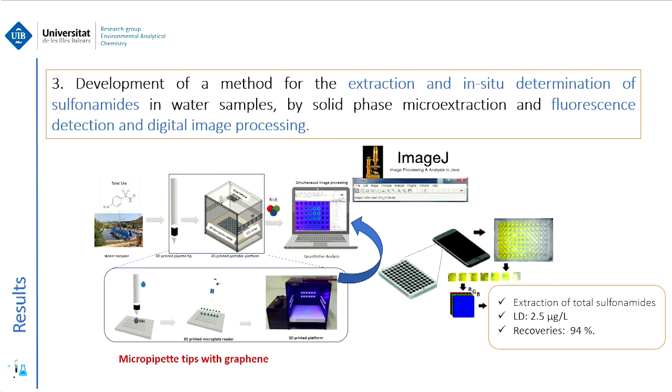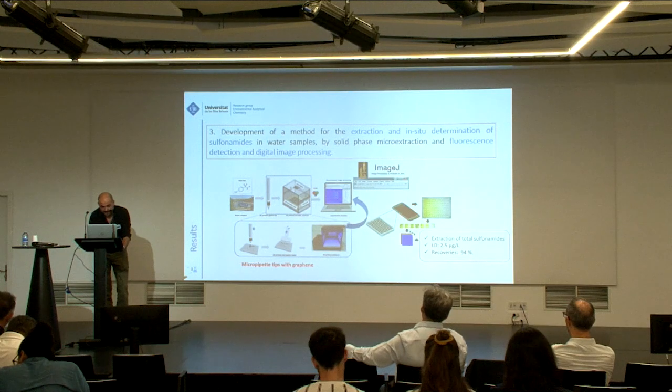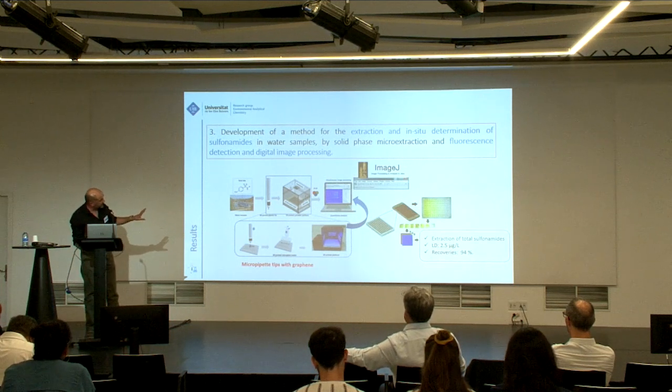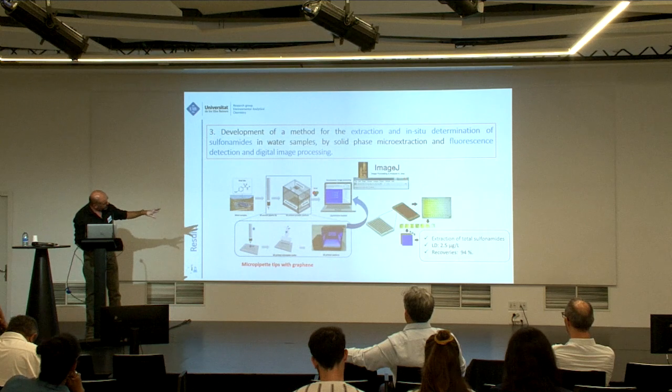Then I would like to show you two more applications for portable instruments made with a 3D printer, like this kind of instrument where we can make the analysis in the field.